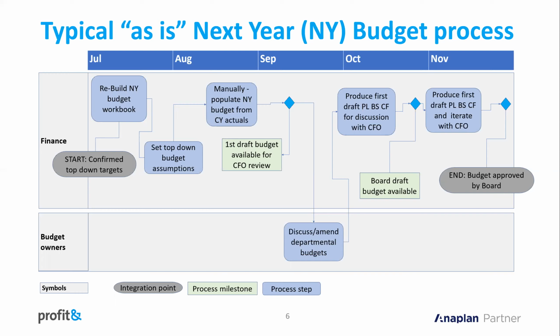They then go through a process of discussing and amending that with departmental managers, and then maybe 4 months into the process, they're ready to present the numbers which have been reviewed by the CFO to the board. In their case, they did it in November with the option to drift on into December.